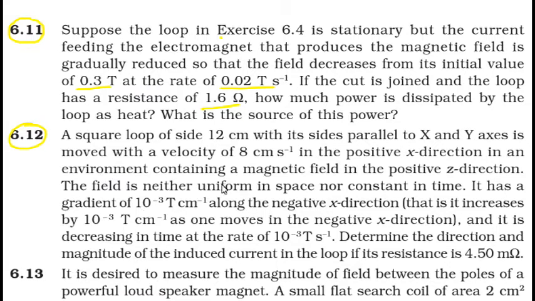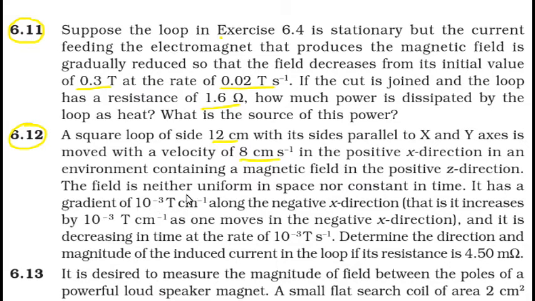A square loop of 12 centimeter, with its sides parallel to the x and y axis, is moved with a velocity of 8 centimeter per second in the positive x direction in an environment containing a magnetic field in the positive z direction.